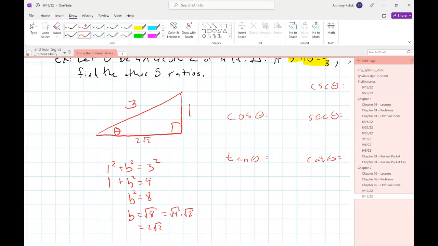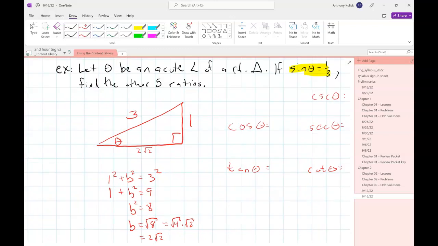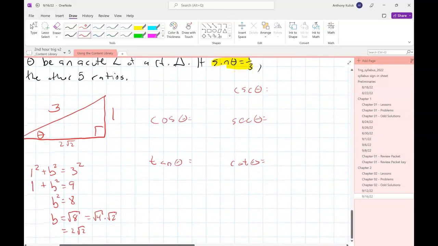Which one do you want to start with? Cosine. All right. What's cosine? 2 root 2 over 3. Looks good. What do you want to do next? Tangent. Okay. What's tangent?